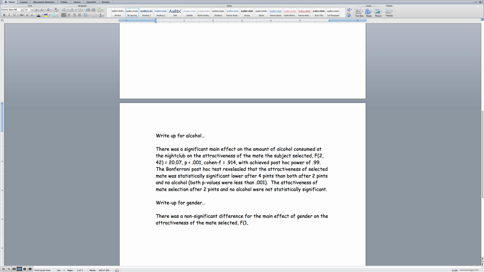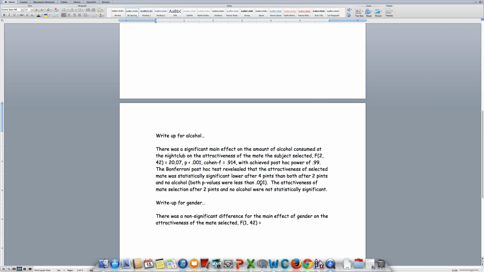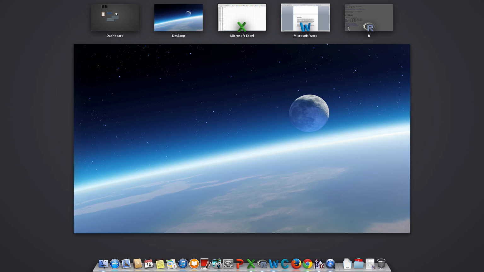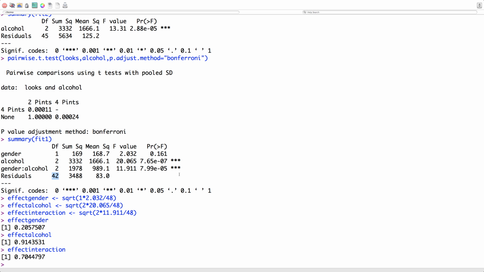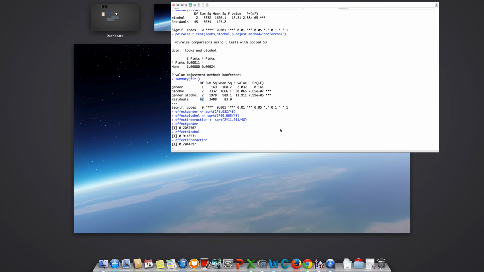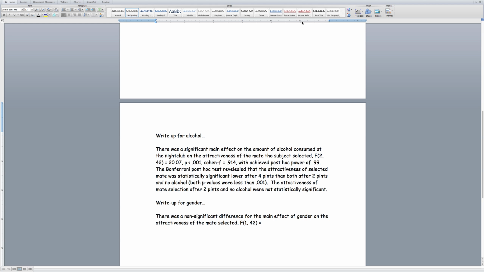And I know we had degrees of freedom 1. Oh, shoot, guys, I can't read my notes. Looks like 2 something. So 2.03. The p-value is equal to 0.161.